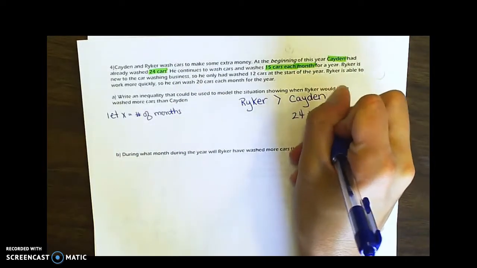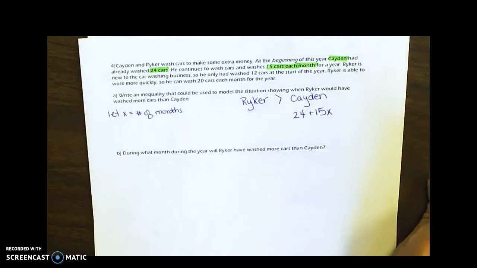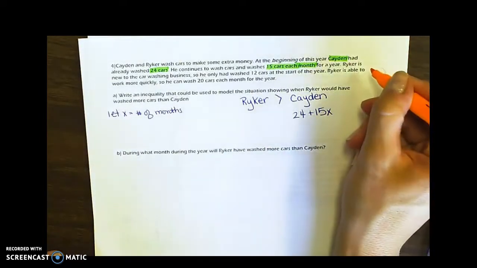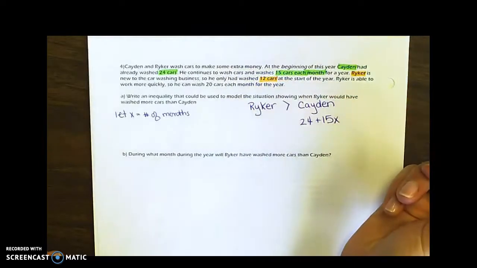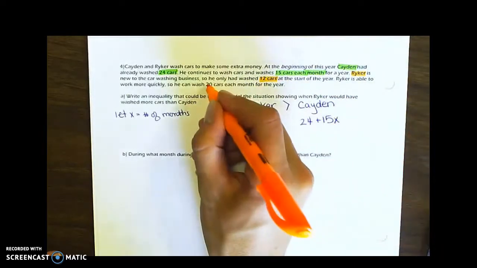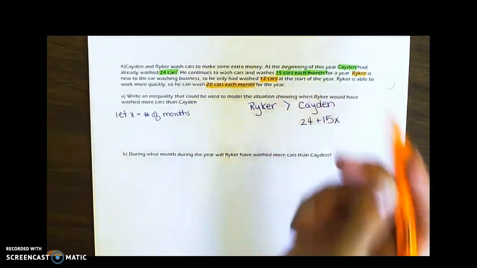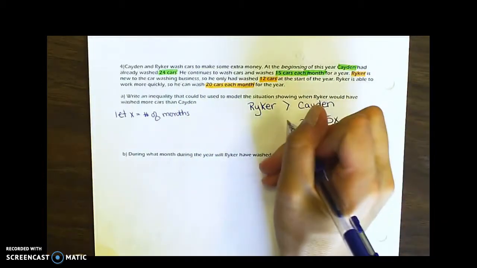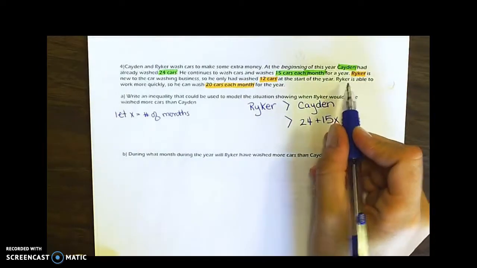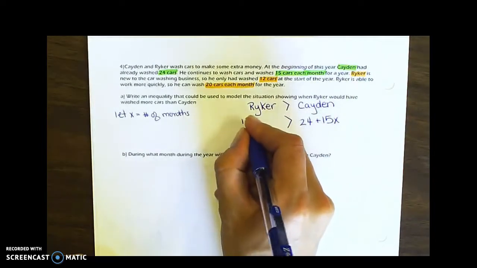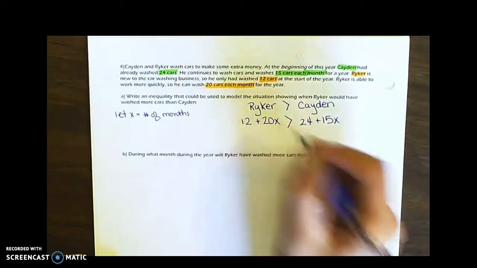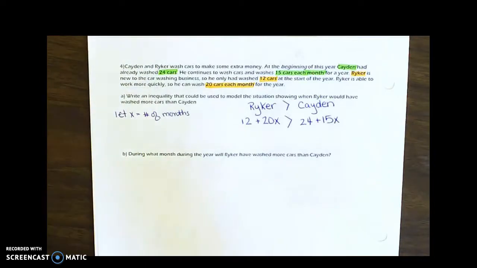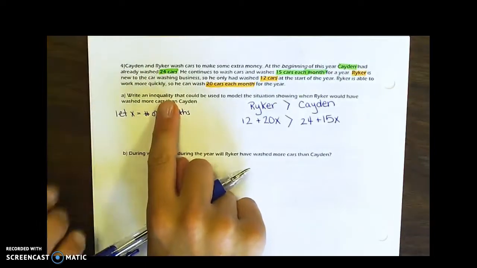So plus 15X. Now let's read for Riker. Riker is new to the car washing business, so he has only washed 12 cars, but he is able to work more quickly and he can do 20 cars each month for the year. So I'm going to put my inequality symbol there. Riker starts with 12, so that's your constant, and he can wash 20 per month, so that's 20X. Part A, all it wanted you to do was write the inequality.